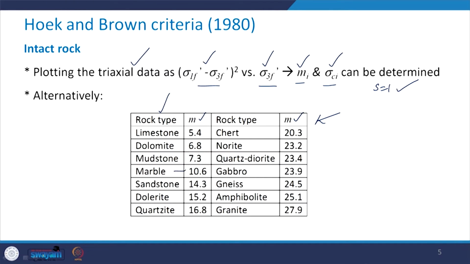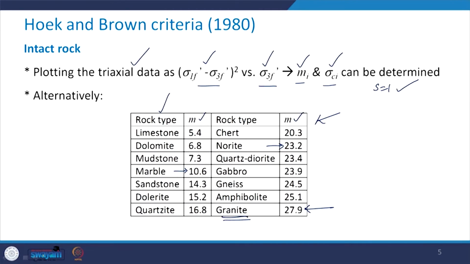Say in case of marble it is 10.6 and in case of norite it is 23.2. As the quality of the rock gets better, it corresponds to a larger value of M. You can see here that granite has a large value of M as 27.9.